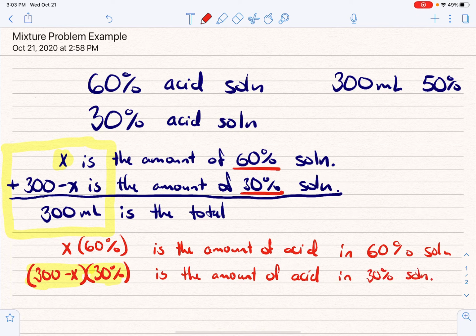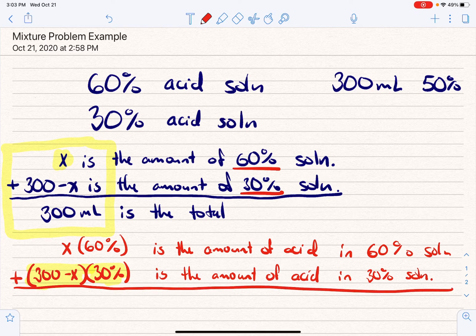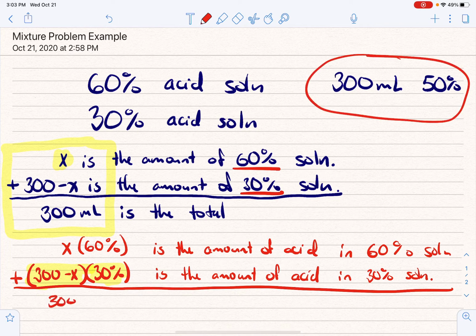Now we add those together. But when I add those together, I go after what it is I want. I want 300 milliliters at 50%, and that is the amount of acid in the total solution.